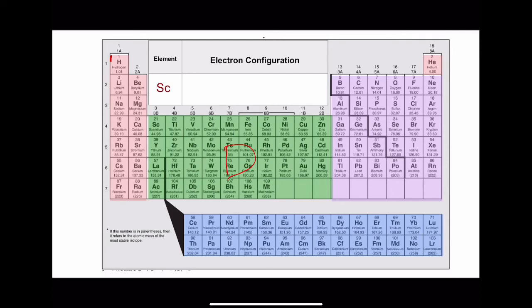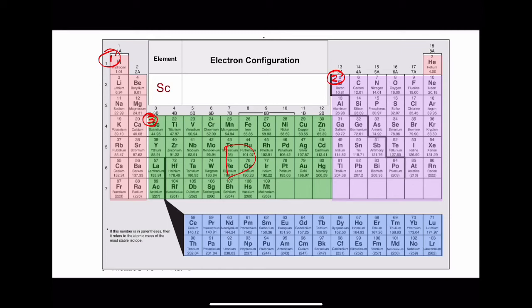It started at 2p. So the P block started at energy level 2. In following with our pattern, because everything in the periodic table is set up in terms of a pattern, the D block starts at energy level 3. Now I know this looks a little bit weird, but we'll take a look at it in a minute where we can see exactly how these energy levels are arranged.